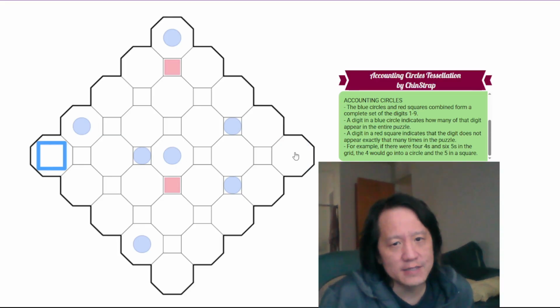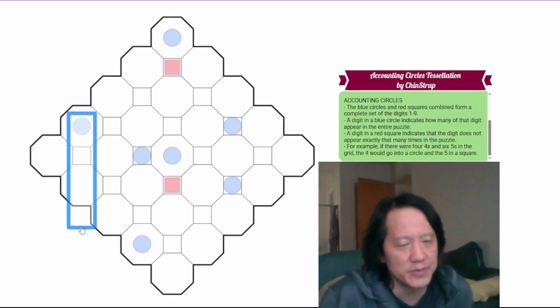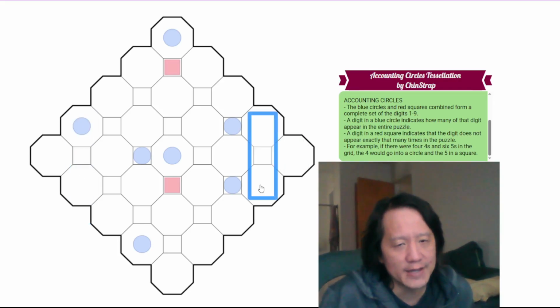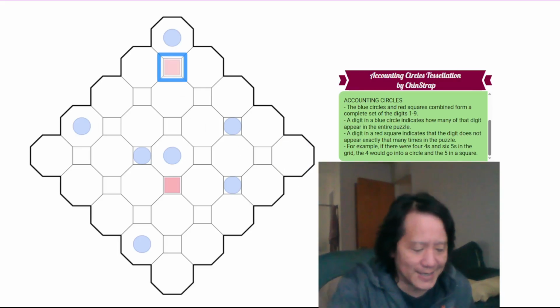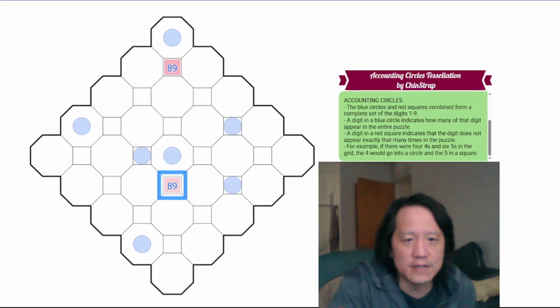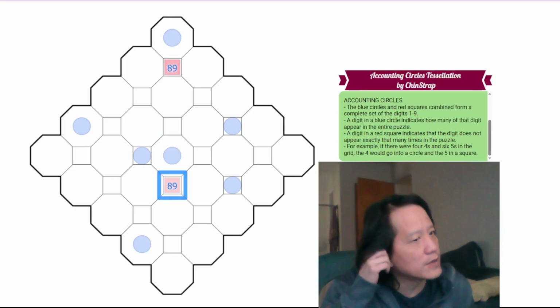But since it has to be in one of those, it cannot be in the other, but then being in one of those eliminates the possibility for being in column 2 for here or column 8 for this cell. So 8 is the other digit that is not in the amount that we think.